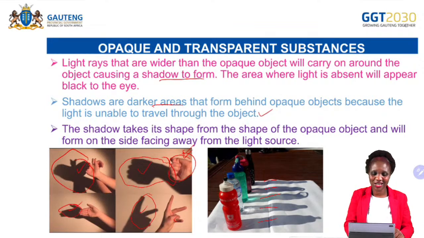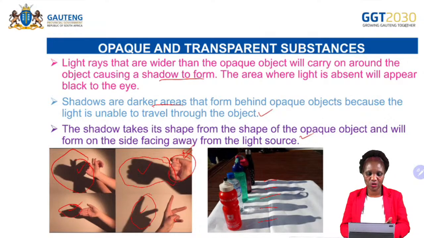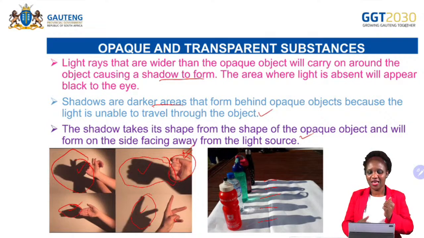Then the shadow takes its shape from the shape of the object and will form on the side facing away from the light source. For example, look at this hand. This one has got a clenched fist, and then the shadow is showing exactly that. All right. And then check the buckles. The shadow takes the shape of the buckle.